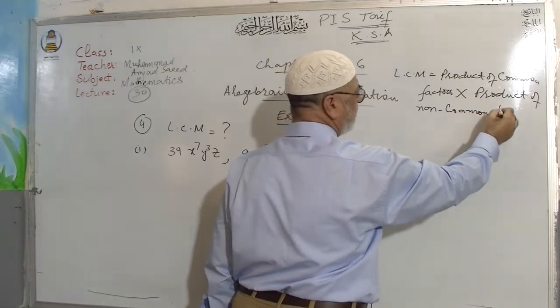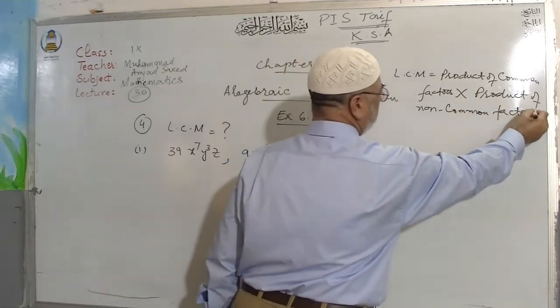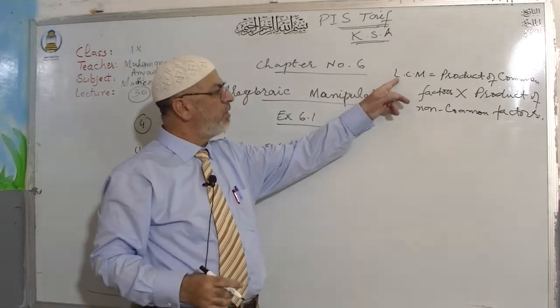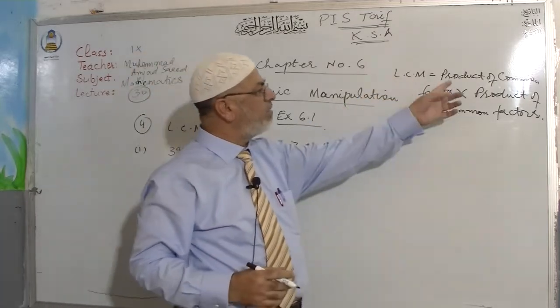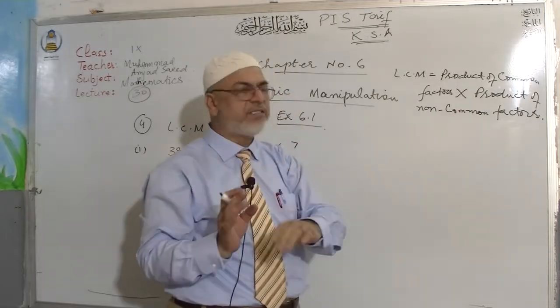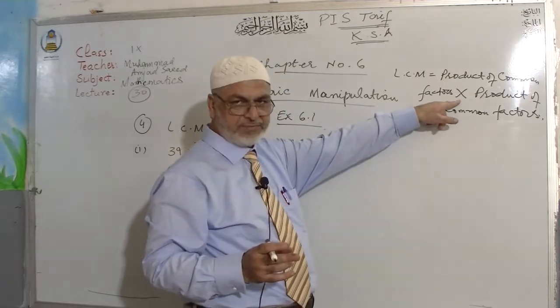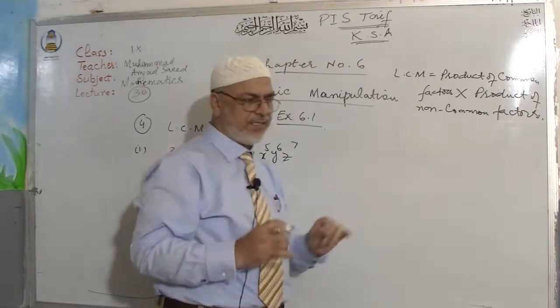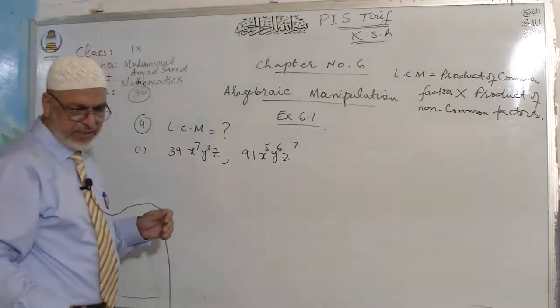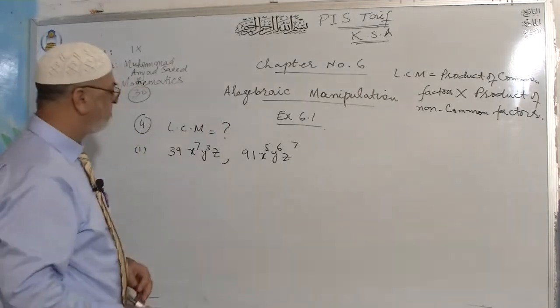Remember that this time for finding LCM you have to find product of common factors, product of non-common factors, and then multiply them. That will be your LCM. This common multiple which will be divisible for all.